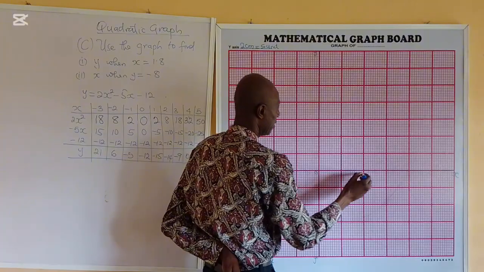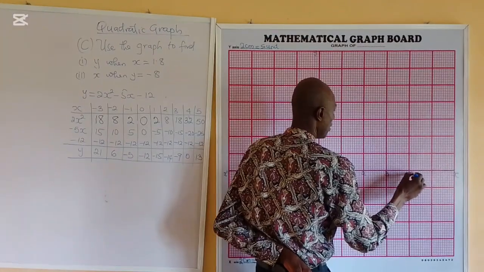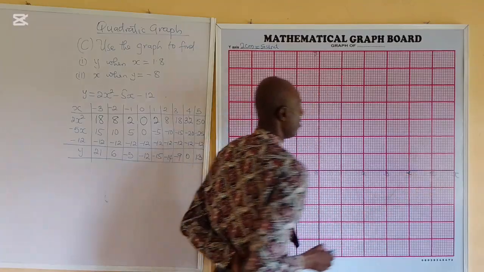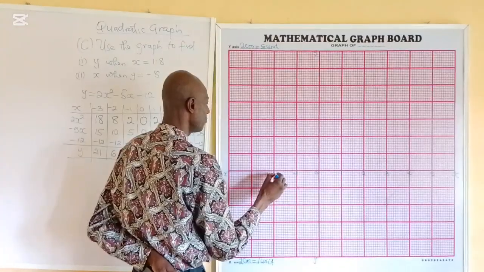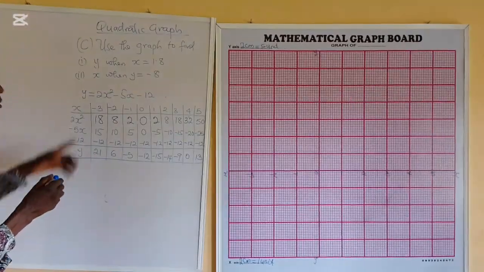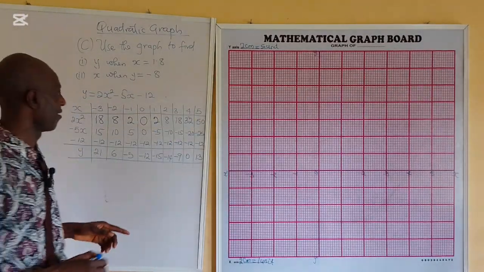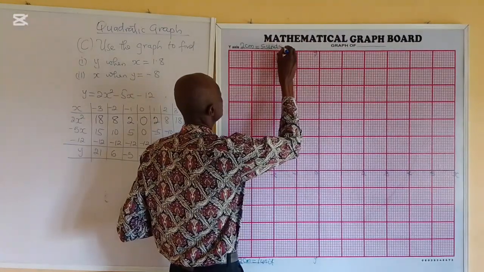So I will start with 1, 2, 3, 4, 5. Here is minus 1, minus 2, minus 3, depending on what is given to us, minus 3 to plus 5. And on the y-axis, 2 centimeters to 5 units.